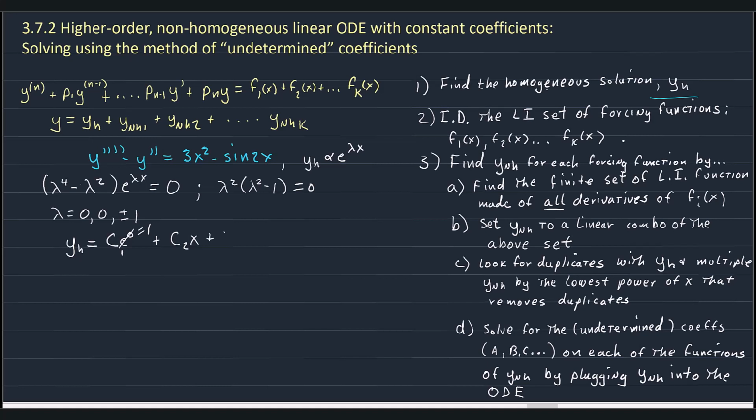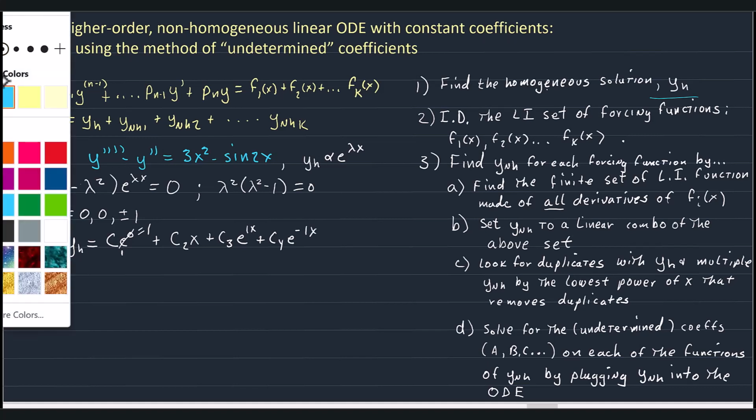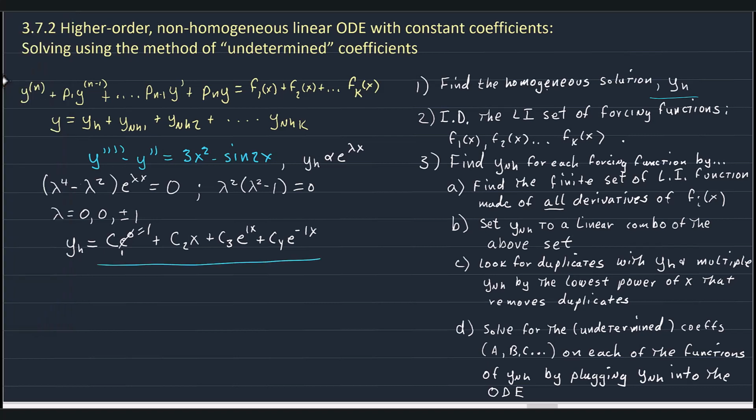And then we have a c3 e to the positive 1x plus c4 e to the minus 1x. So let's set this aside, and we'll keep that. We know this is going to be part of our solution because our full solution is going to include the homogeneous solution. So we've found our homogeneous solution.